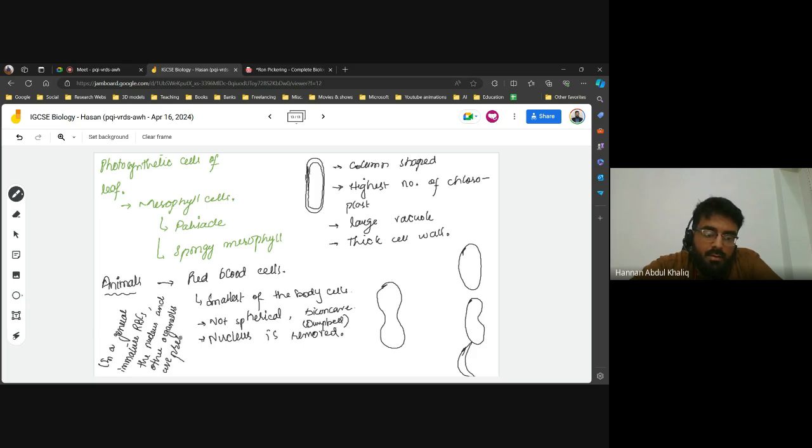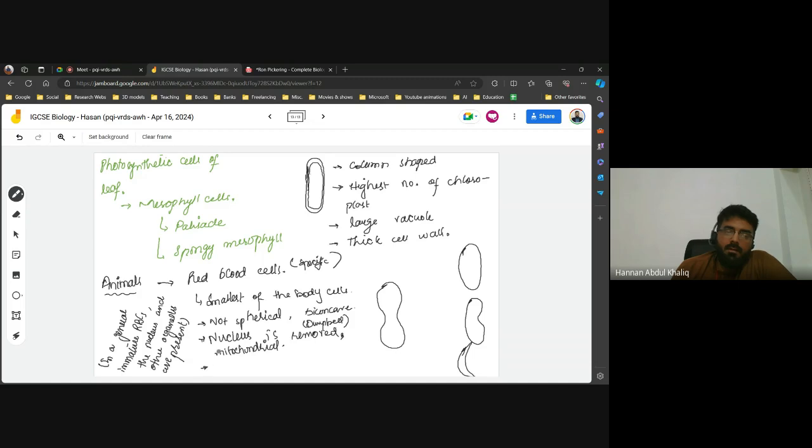But when we talk about a specific red blood cell, all the organelles, especially the nucleus and mitochondria, are removed. But yes, cytoplasm is present.